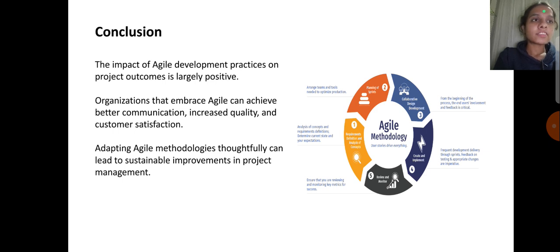From the beginning of the process, end users' involvement and feedback are critical. Frequent development delivery through sprints, feedback on the testing, and appropriate changes are imperative. And this is all about the conclusions of the impact of agile development.